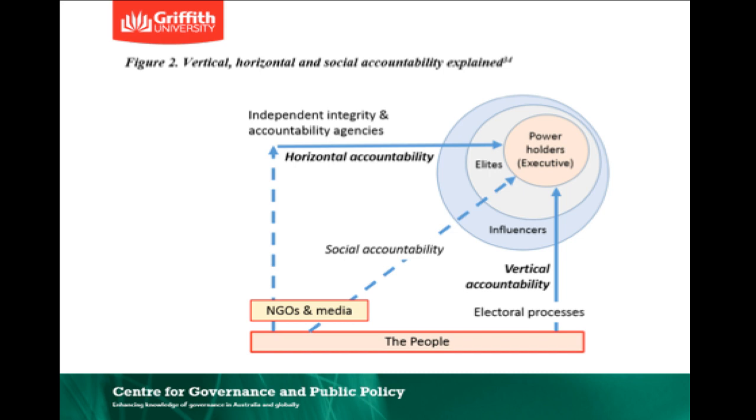Vertical accountability is associated with the ability of the people to elect parliamentarians who elect or determine the government, who then supervises the executive and the public administration.